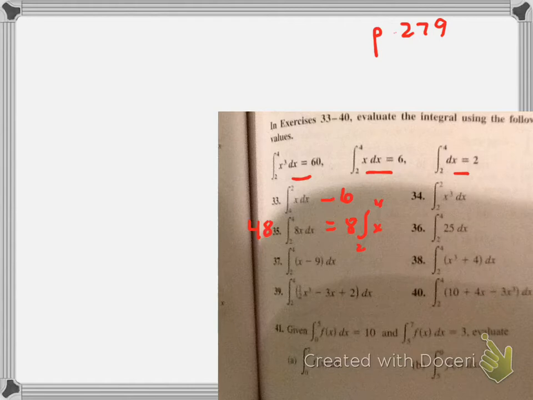The integral of x minus 9, you have to do a little thinking about this. So we can break it up into parts. We can break it up into the integral from 2 to 4 of x minus the integral from 2 to 4 of 9.